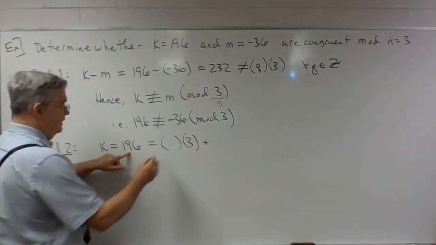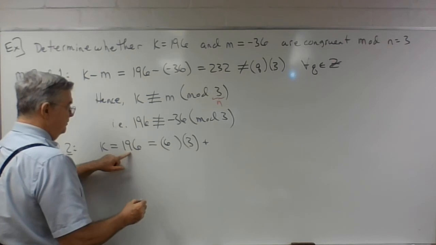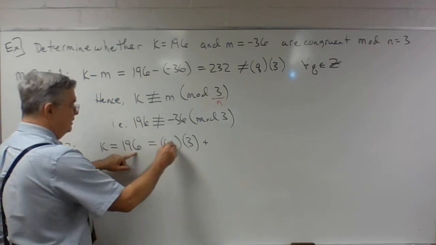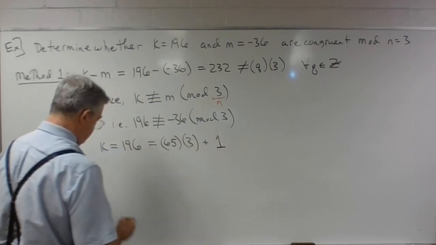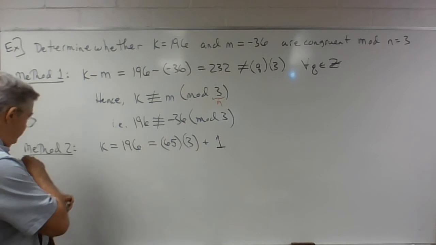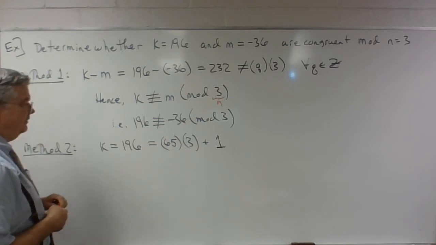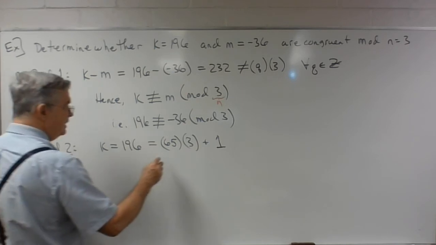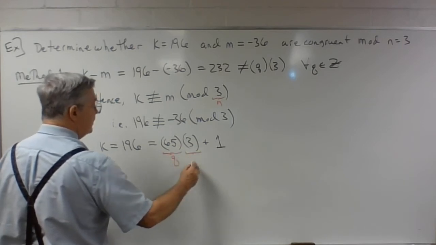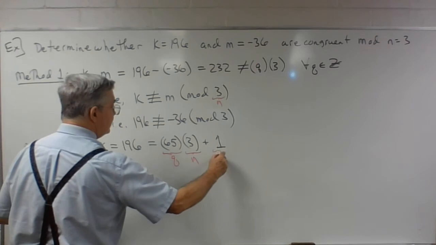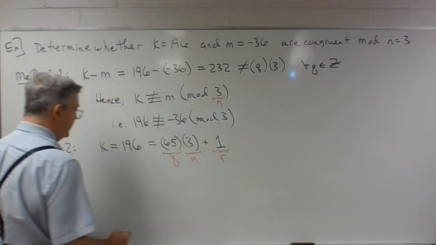Let's see. 3 goes into 19 6 times. 3 goes into 16 5 times with a remainder of 1. Let's see, did I do that right? 180 plus 15. Yep, I think I did. So here's my q, here's n, and here's my remainder.